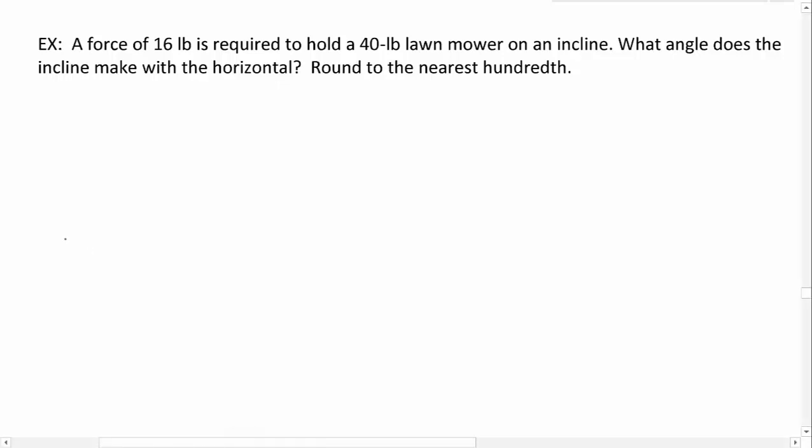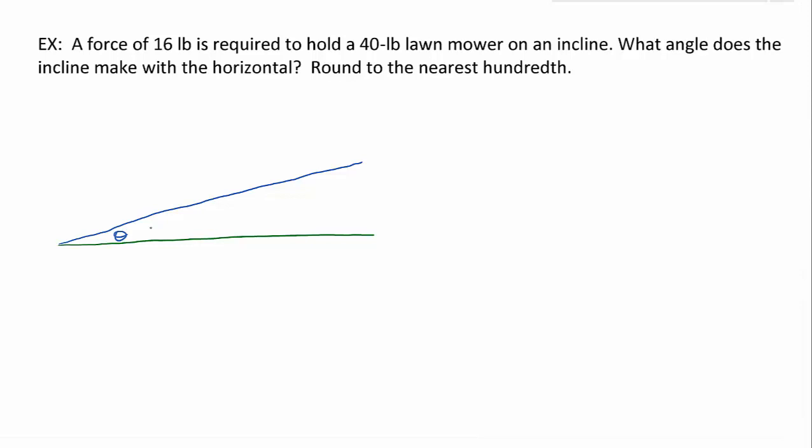First thing I'll draw is my horizontal. Then we have an incline of an unknown amount. We'll call this theta. A force of 16 pounds is required to hold a 40-pound lawnmower.